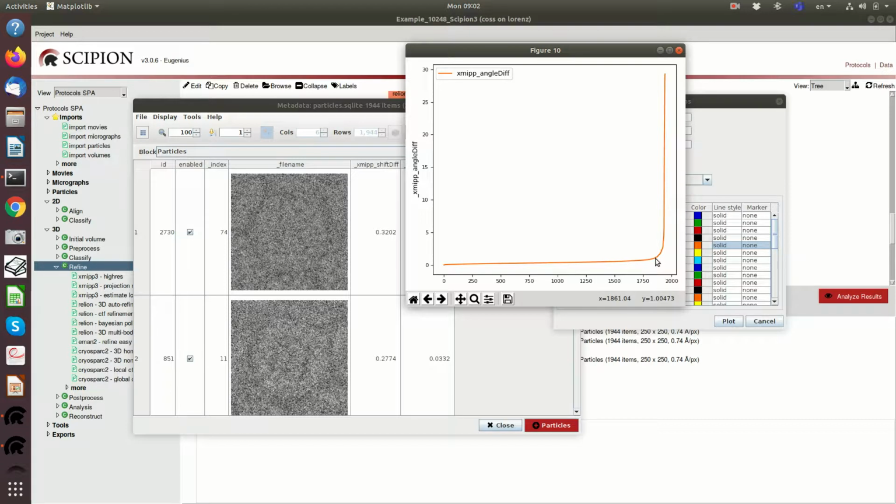This is the average of the 3 Euler angles, so most of them have an angular error below 1 degree, but for a few of them it is much bigger than 1 degree. Those are the particles whose angular assignment you are not so sure about.